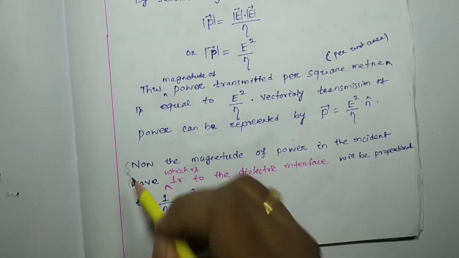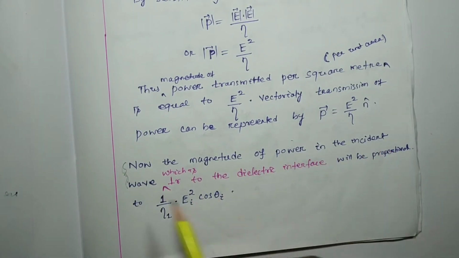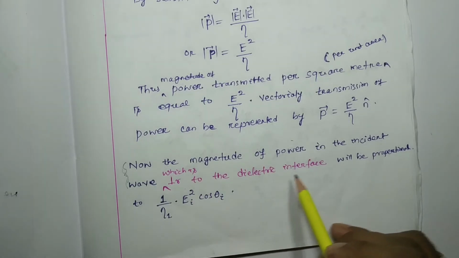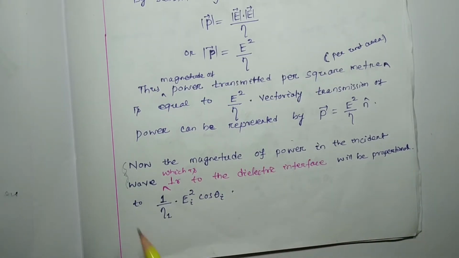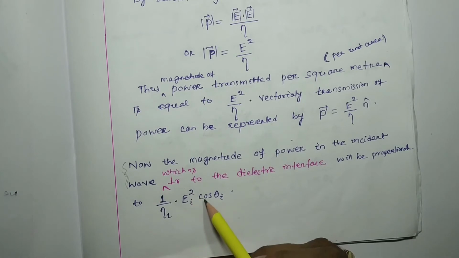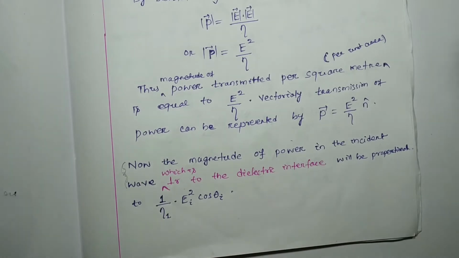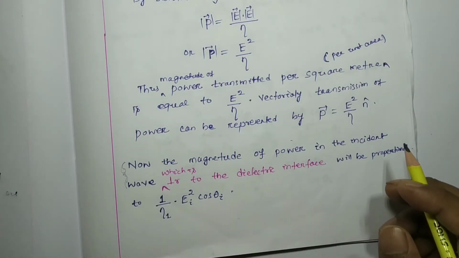These two lines are important. The magnitude of power in the incident wave perpendicular to the dielectric interface will be proportional to 1 by eta 1 Ei square cos theta I. What is the meaning of that, we are going to discuss.